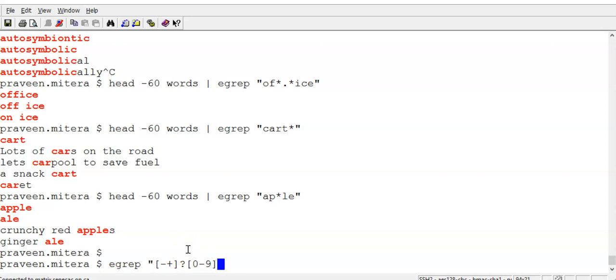So 0 to 9 is the option in this character class. So this will allow at least one number. And we want to allow either one or many numbers. So I'm going to put a plus here because the plus will act upon this and it'll make sure there's at least one number. And then it also allows multiple numbers here.